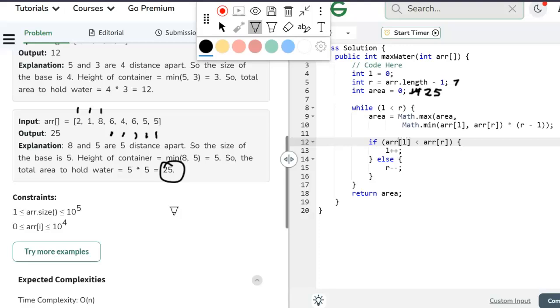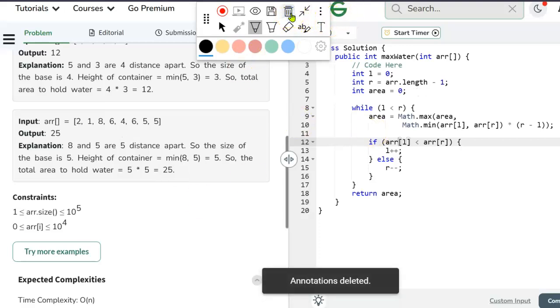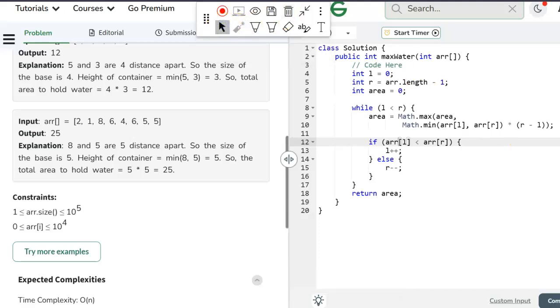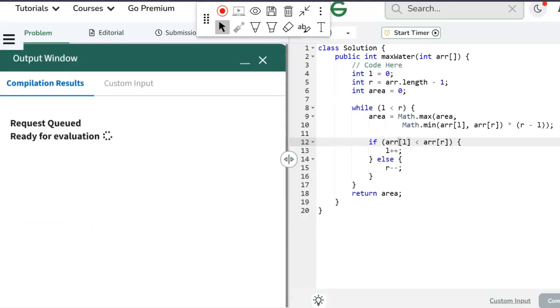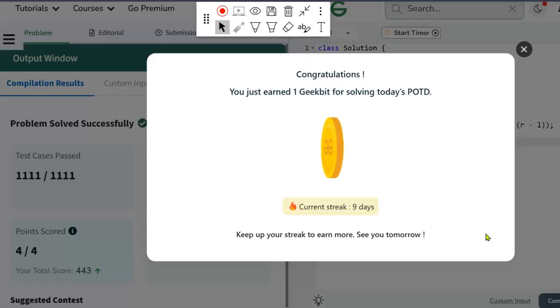All right, let's try and run this. Get rid of all of this stuff, and submit. Okay, that's it.